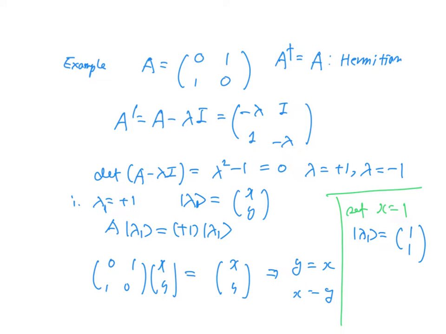But the condition of the orthonormal vector is, I can use lambda 1 is what? (1, 1)·(1, 1) is 2, right?